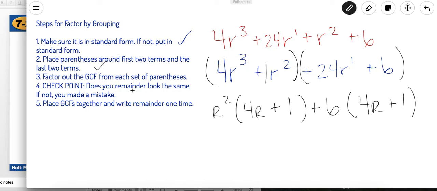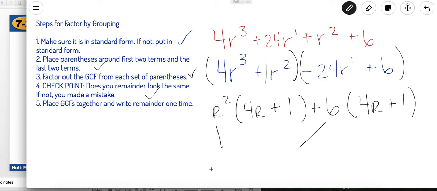All right, check. Now, step 4, checkpoint. Does your remainder look the same? If not, you made a mistake. So, do our remainders look alike? They certainly do. So we can move on. And remember, if they don't match exactly, you need to go back. And then 5. Place greatest common factor together and write the remainder one time.